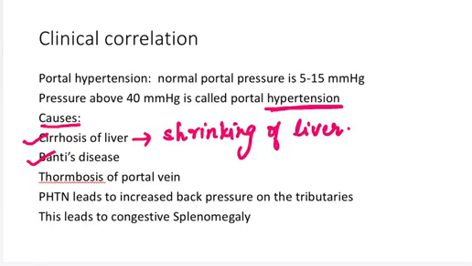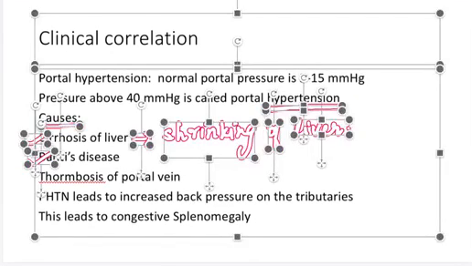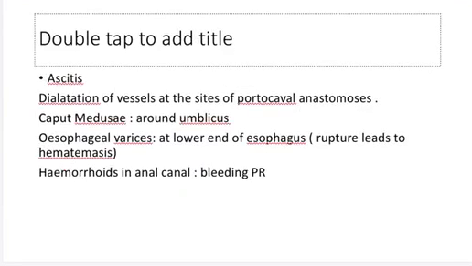So what are the signs? Symptoms are something which patients will tell you, and signs are something which will be observed by the doctor himself. The patient will present with ascites. Ascites can be both a symptom and a sign. The patient will say that his abdomen is becoming tense and its girth is increasing.